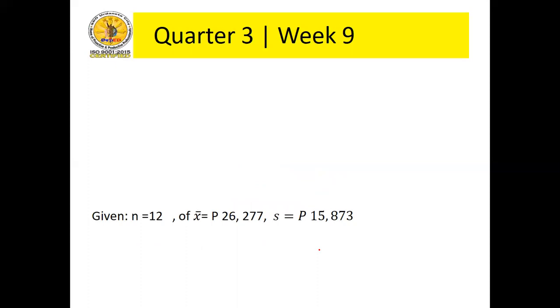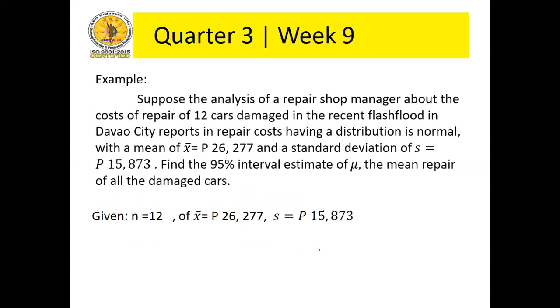Okay. Let us go back. Now let us have another example. Suppose the analysis of a repair shop manager about the cost of repair of 12 car damages in the recent flash flood in Davao City reports that repair costs have a normal distribution, with a sample mean of 26,277 pesos and a standard deviation of 15,873.